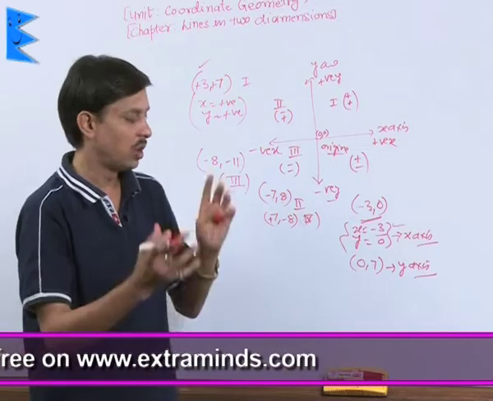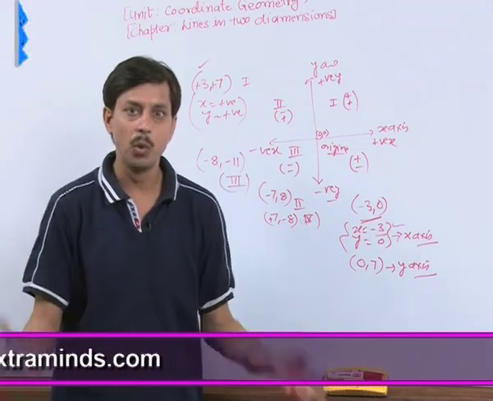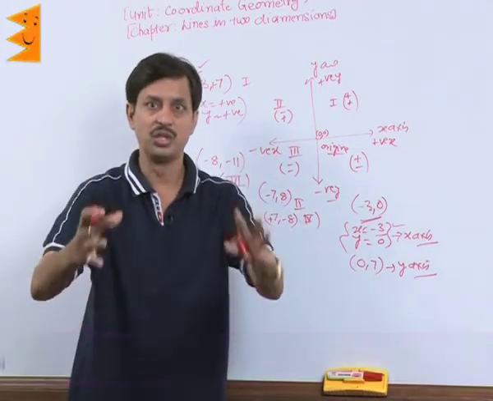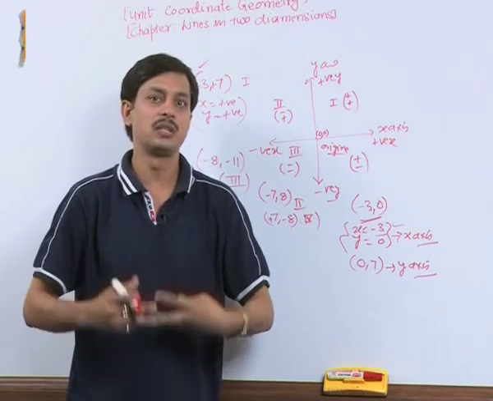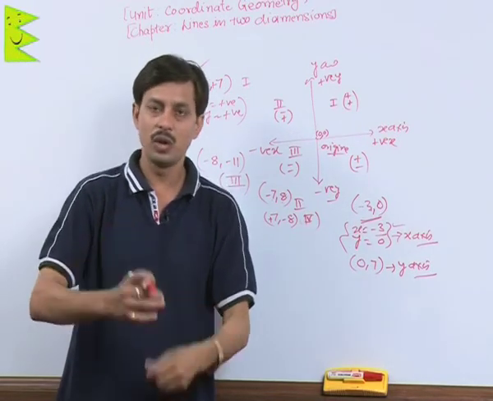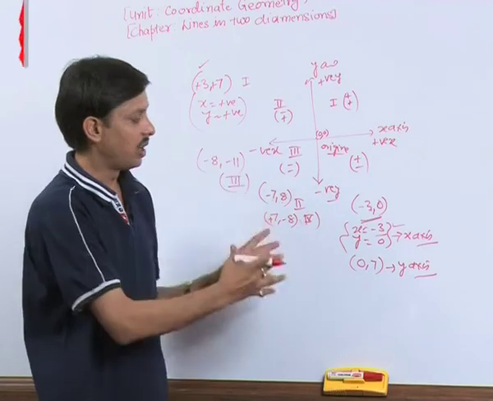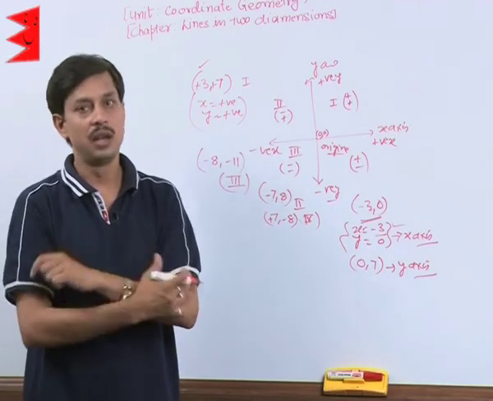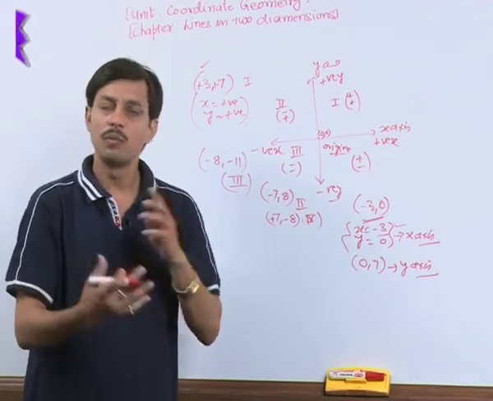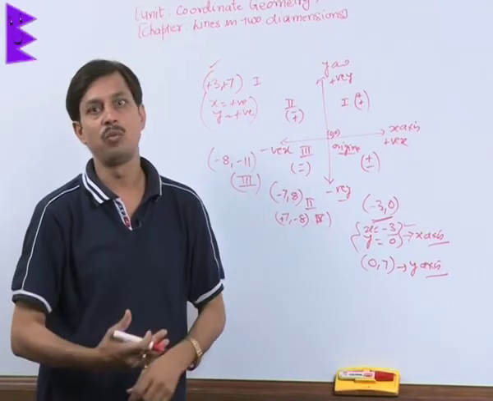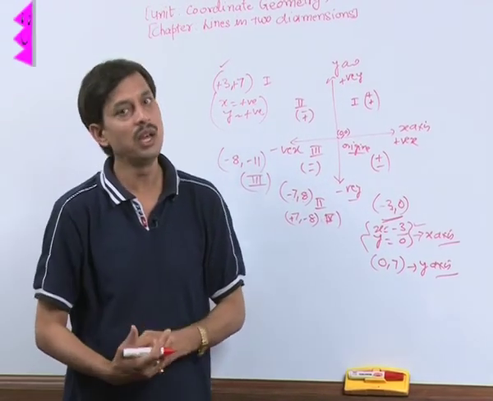If y is 0, it is on the x-axis. If both are 0, it is on the origin. This way we can practice a large number of questions to recognize where a point lies. Now we will discuss some more applications: distance formula, section formula, midpoint formula, etc.